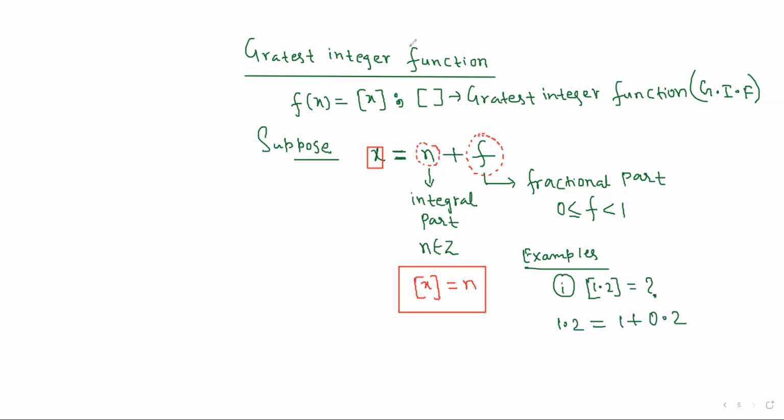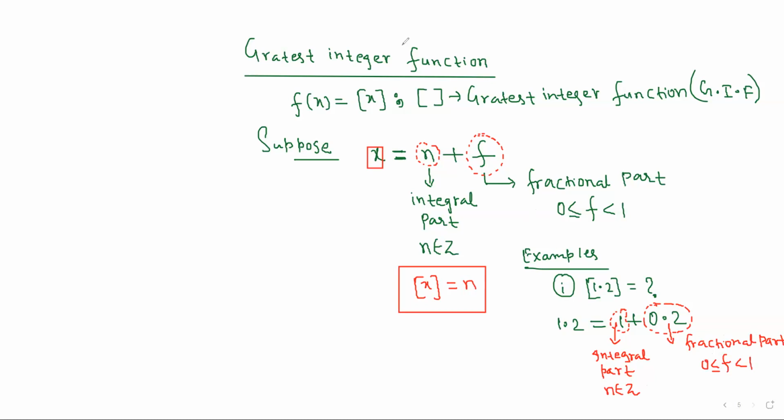So 1 is the integral part, and 0.2 is the fractional part. One thing is clear: the integral part is always an integer, and the fractional part should lie between 0 and 1.